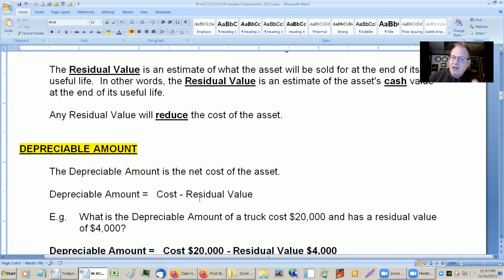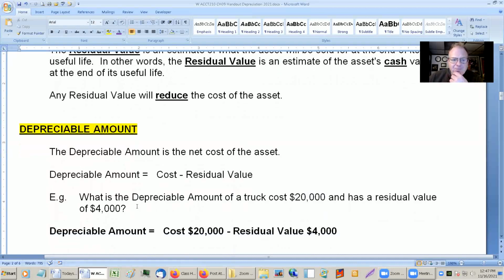And we're going to pay out a certain amount, and so down here, the example is a truck costs $20,000. So the total cost of it is $20,000 of what we're paying for it. However, it has a residual value of $4,000.